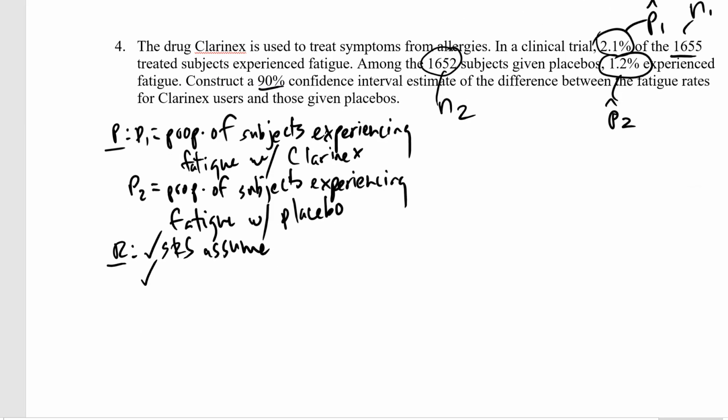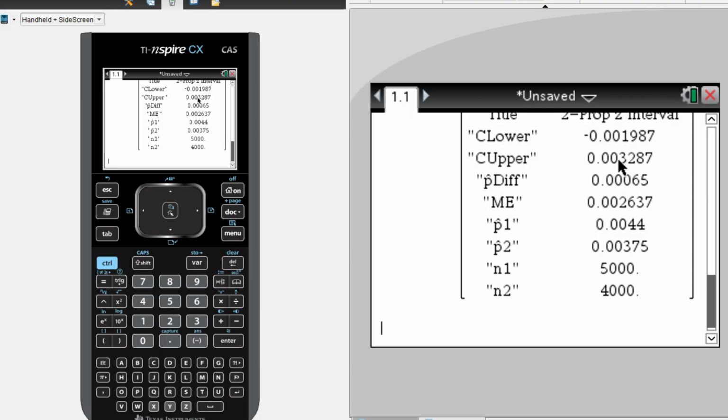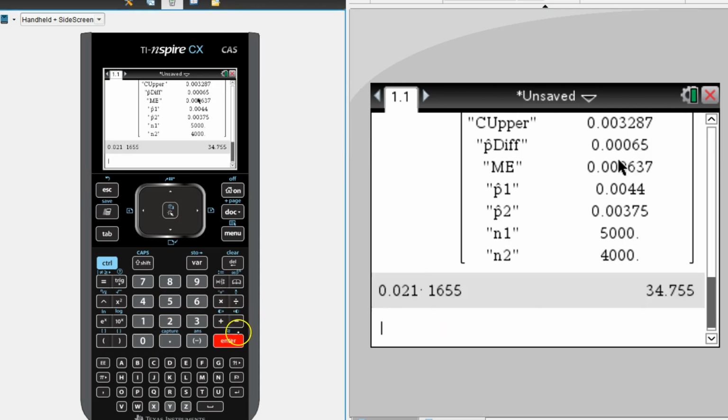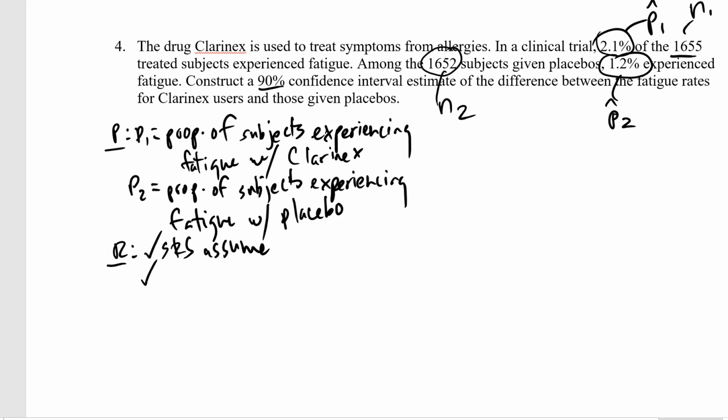I need at least 5 successes, 5 failures. They didn't tell me how many, so I've got to do 2.1% of the 1655. 0.021 of the 1655. So not 34.755 people. How about 35? Which is greater than 5.